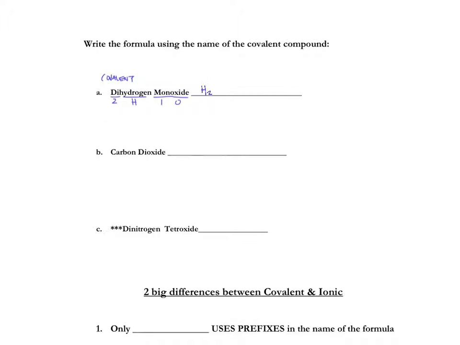And then oxygen is a 1, but because the 1 is implied, we don't have to write it. So what you really end up with is H2O. We'll erase the 1. So you get H2O.